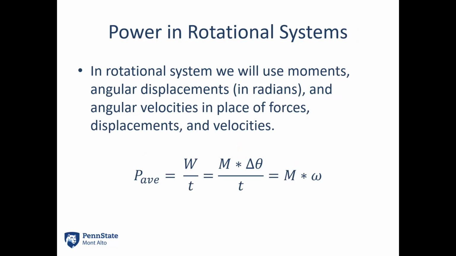In rotational systems, we can use moments and angular displacements instead of force and distance. So it's still work over time, but work is now moment times the change in angle, delta theta, and delta theta over t is our angular velocity. So the moment times the angular velocity is another measure of power in a rotational system.